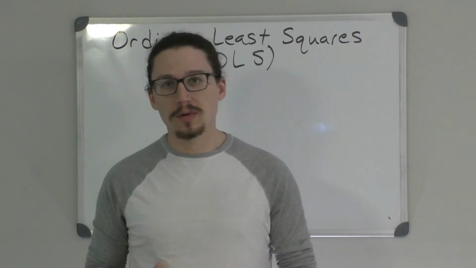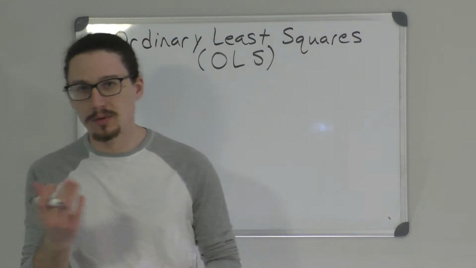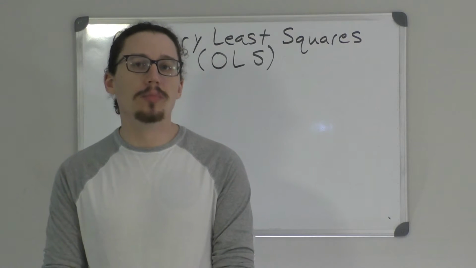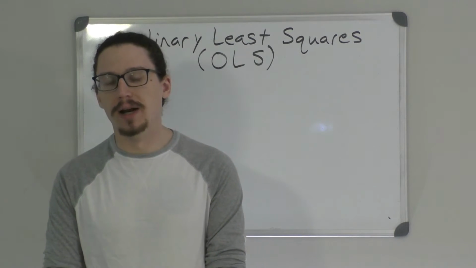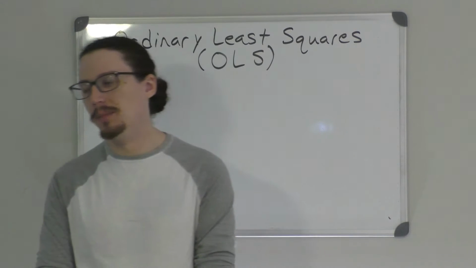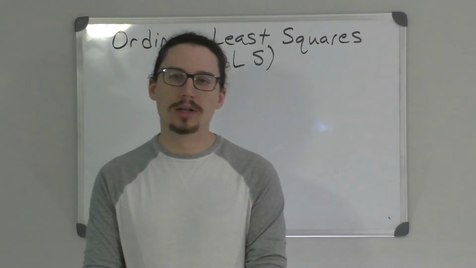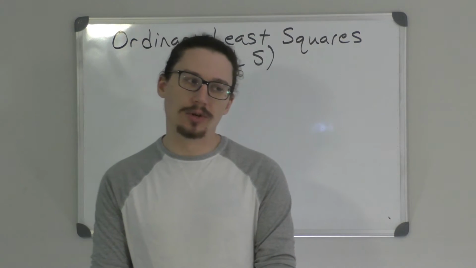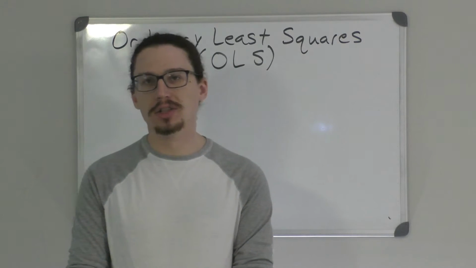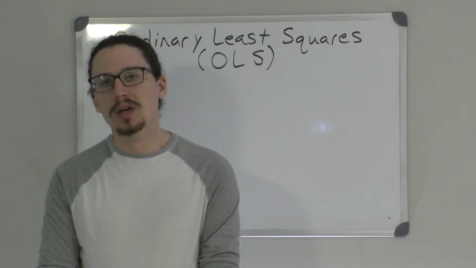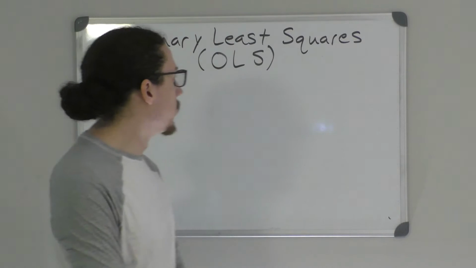So here is what we're really doing with ordinary least squares. We're just trying to calculate b0 and b1. Y hat is going to come when we start predicting, plugging values into our regression equation. x_i is just going to come from the data that we've collected. So we're going to try to figure those out.